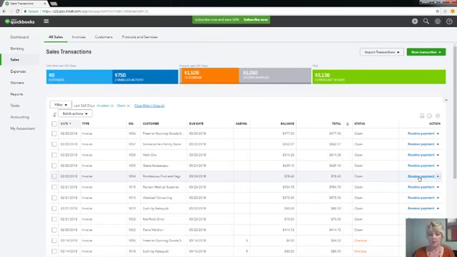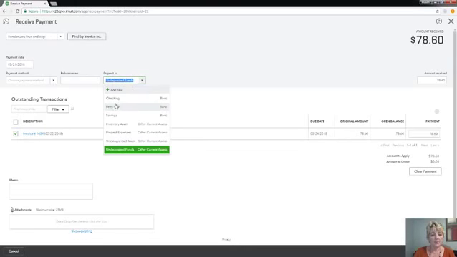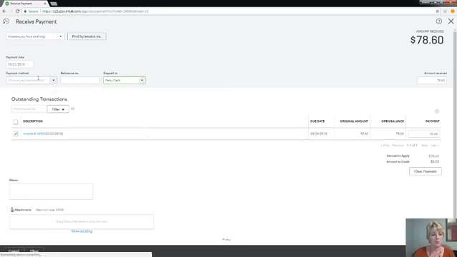So we're going to receive a payment. There we go. And instead of going to undeposited funds, we're going to put the payment to petty cash, $78.06. So we're going to save and close.